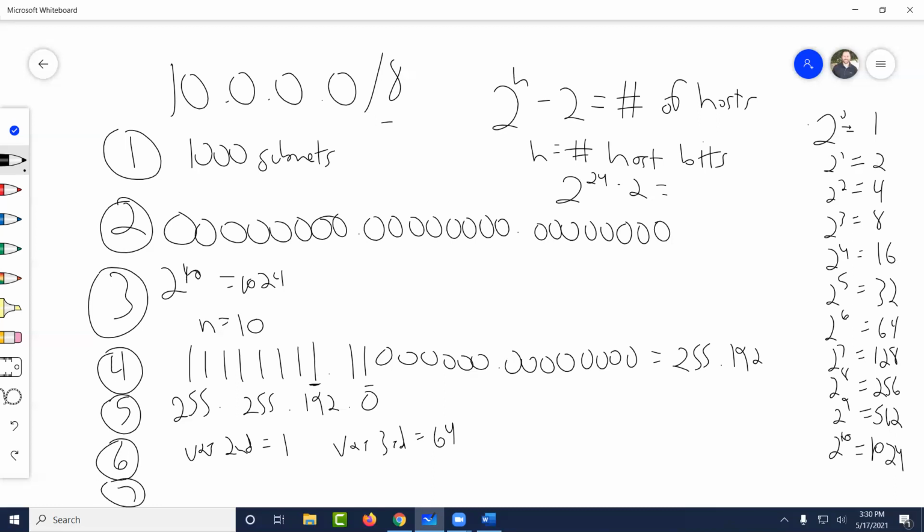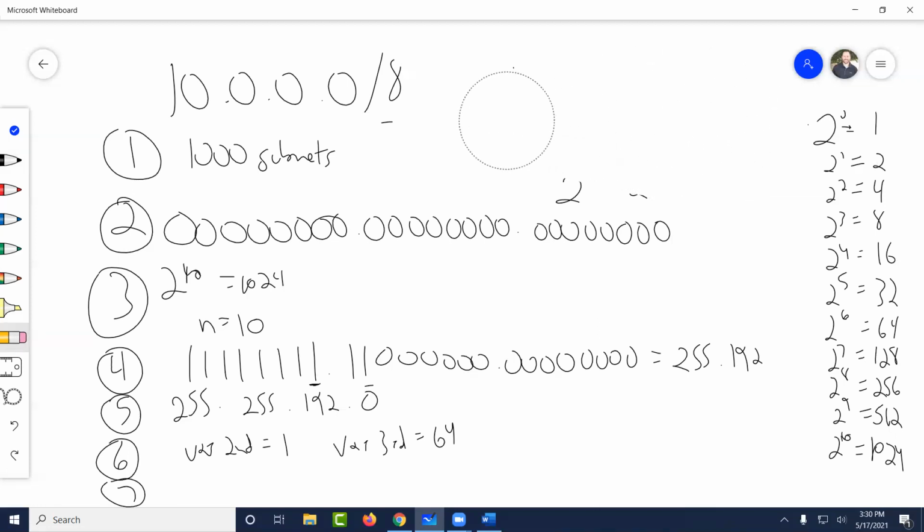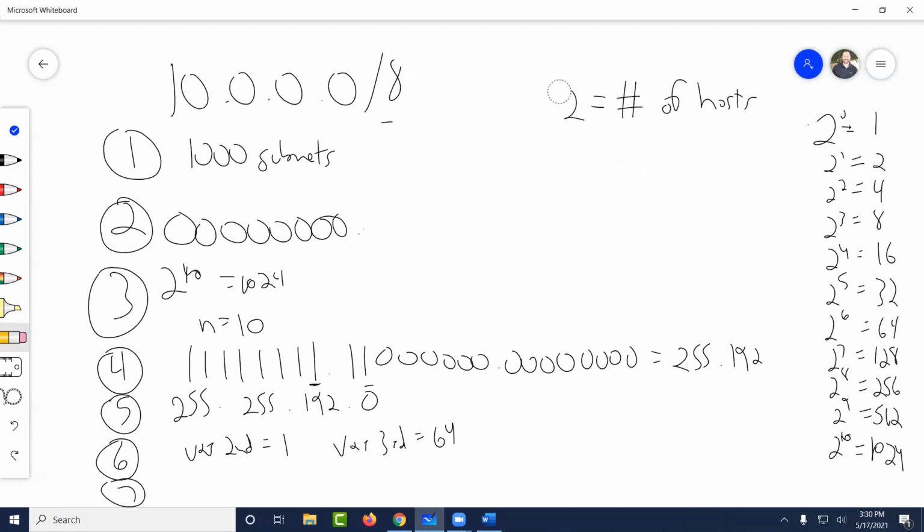Now, this is where people get the most confused, but it's really extremely easy. I'm going to give us some room here. So we start with our major network number. This is step 6. 10.0.0.0.